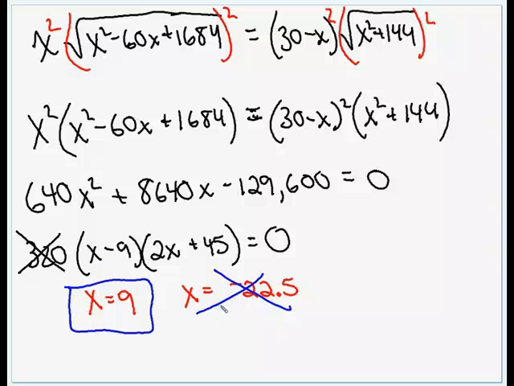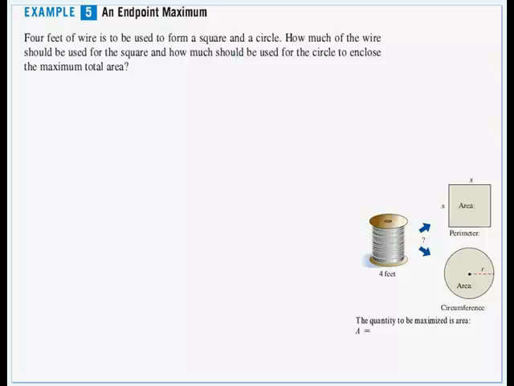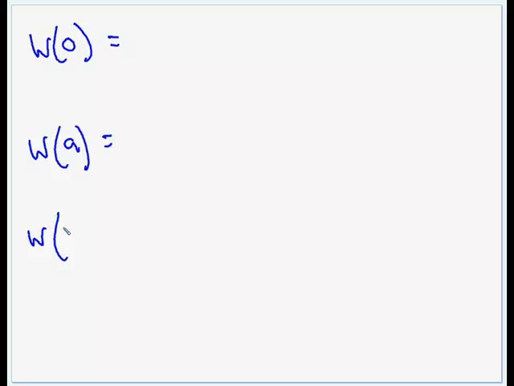And again, we want to check the endpoints of this problem just to be safe. We have had, in our min and max over an interval, you can have a min or a max occur right at the endpoint. So, oops. If we go back to the original equation and we evaluate w of 0, w of our critical number 9, and w of our right endpoint 30.